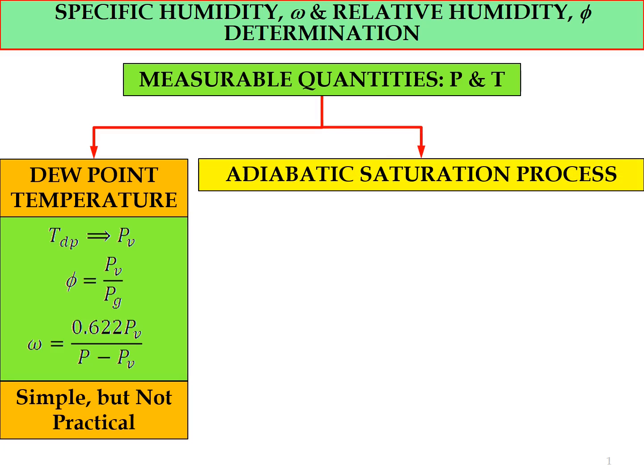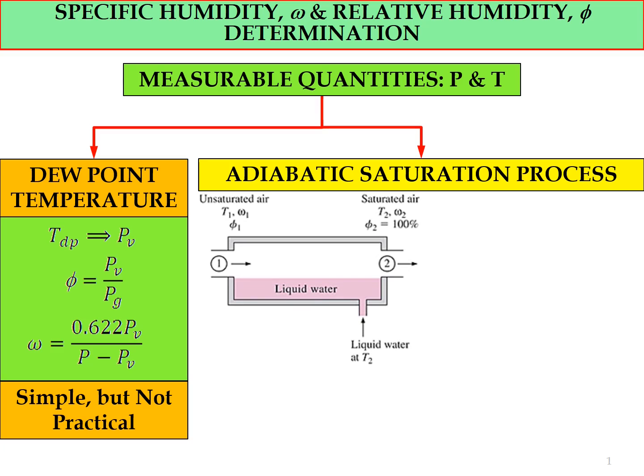And the second approach is by using the adiabatic saturation process. This schematic diagram shows the adiabatic saturation process device, where we have a channel with a liquid water pool inside the channel. We have the inlet at state number 1 and the outlet at state number 2. At the inlet we have the condition of unsaturated air, where we want to determine the value of omega 1 and also the value of relative humidity psi 1.